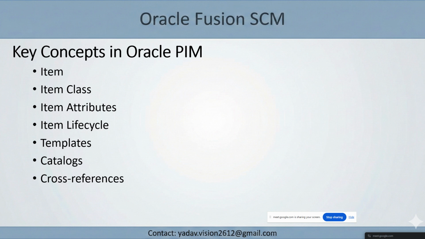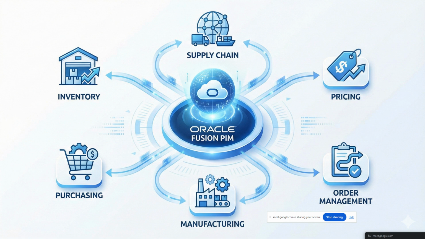Just make sure your item is correct. If you make some mistakes in the item, what will happen? The same thing will be reflected in the different places, so all your transactions will go into a task. Make sure your item got created properly and all the attributes are tagged as per the client requirement.